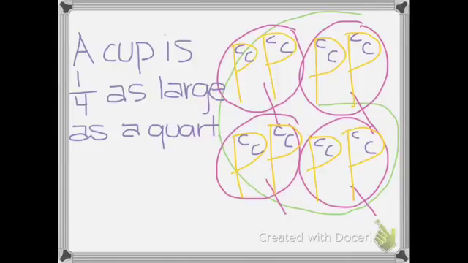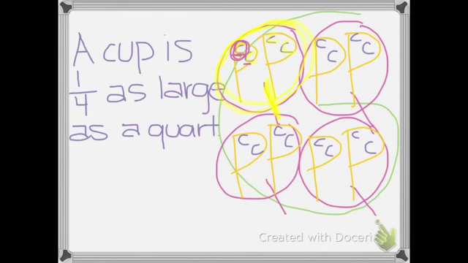This statement says a cup is 1/4 as large as a quart. So let's look at this quart. Remember, we have 1 quart and we have 4 cups. If I just circled one of the cups, that's 1 out of 4, right?